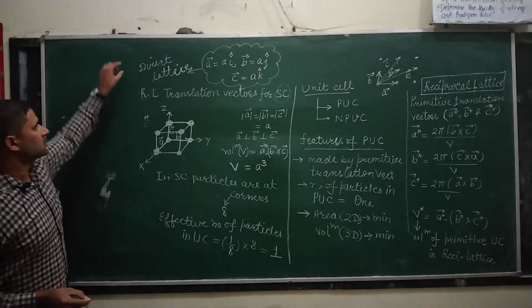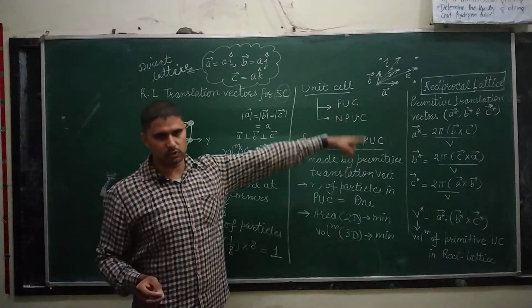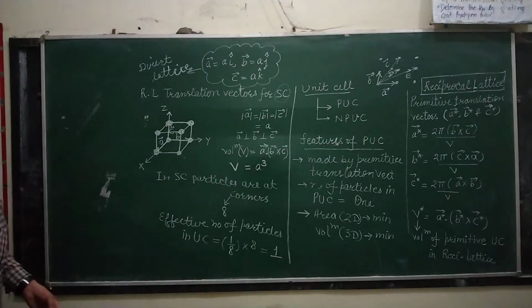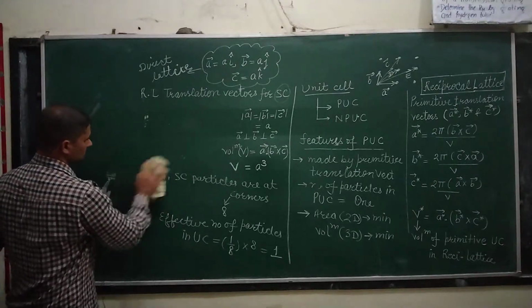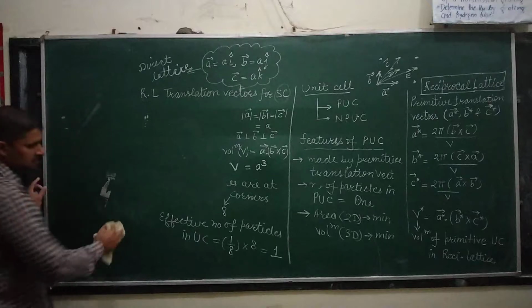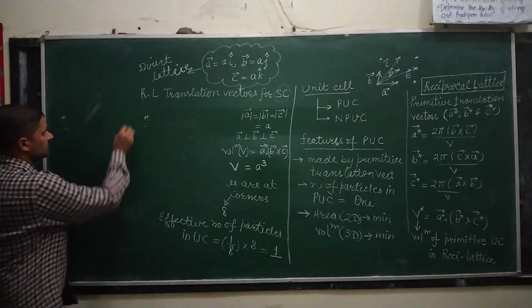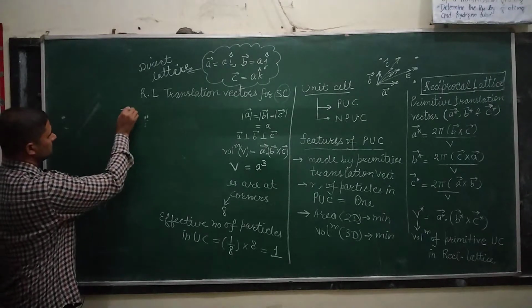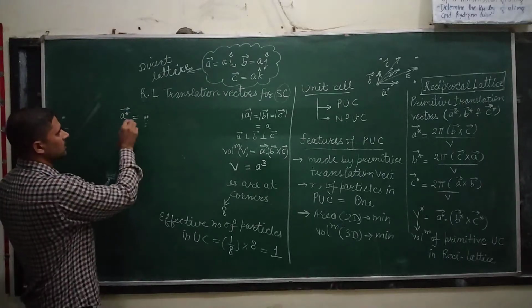Okay class. So to convert, we will make use of those formulas. So I am writing here A star, this is the primitive vector in reciprocal lattice.